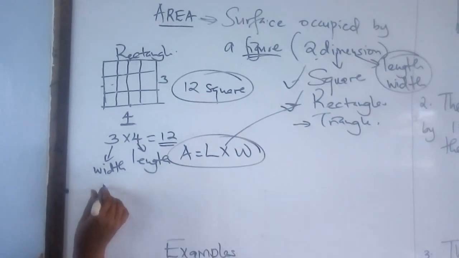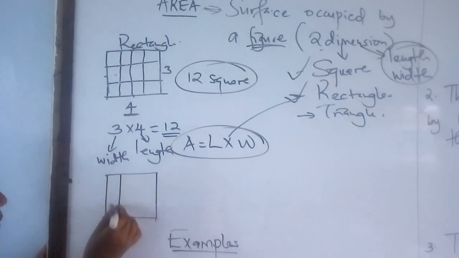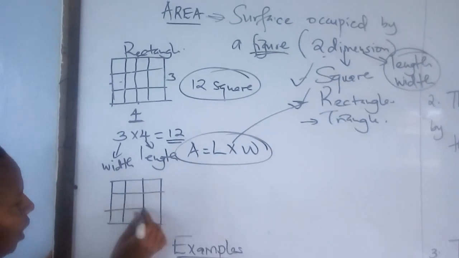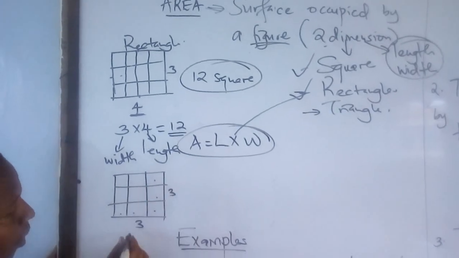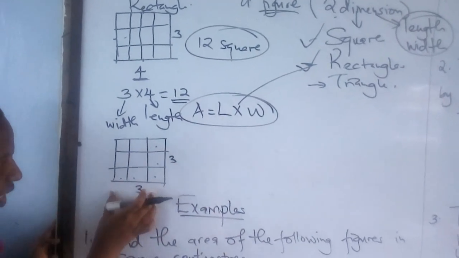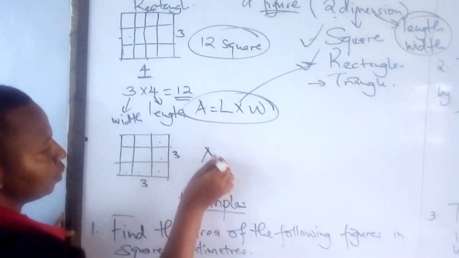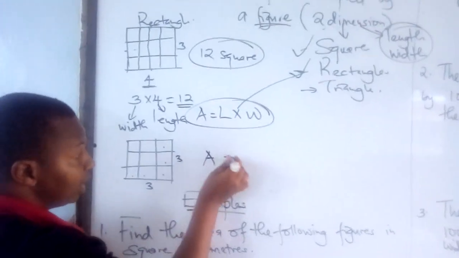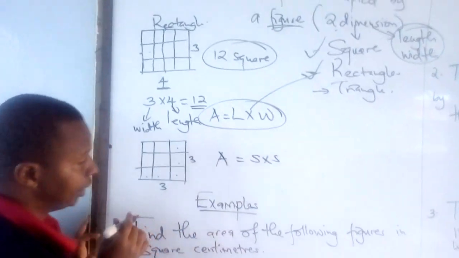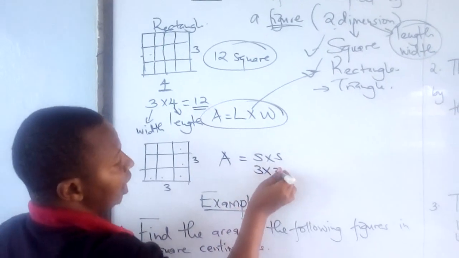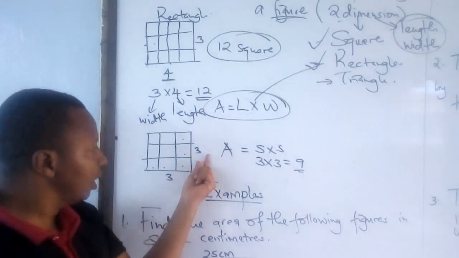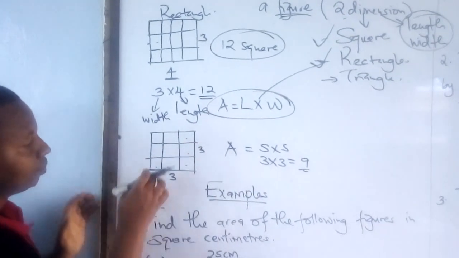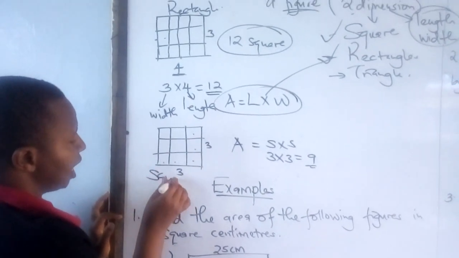If it is a square, then we expect it to have, maybe, 3 sides, and on the other side we have 3. So you find that this side is equal to this side. So you can also say that area is equal to side times side. That is 3 times 3, which is 9 squares.